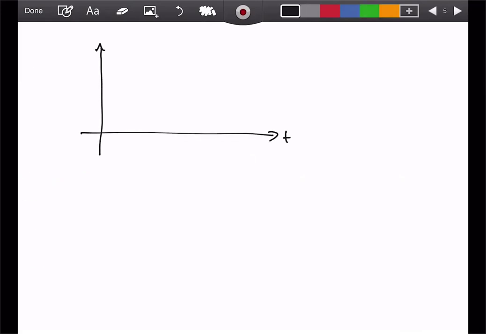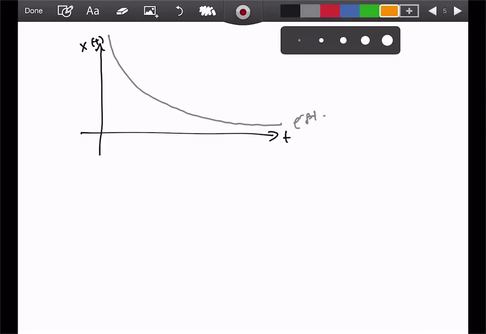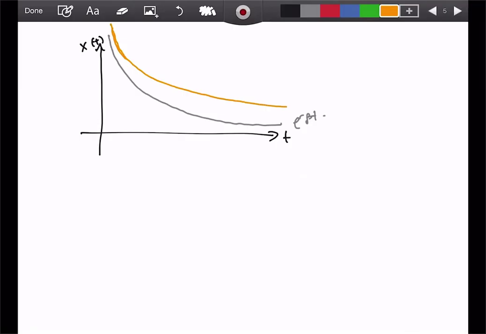I'm going to plot the critically damped one here. In this case, my critically damped goes exponentially to zero this way. So this is my e to the minus beta t. My overdamped, because it has so much damping, actually drives an extra term inside here, which causes it to go to zero much, much more slowly. So this is my e to the minus beta t plus the square root of beta squared minus omega 0 squared, times t.